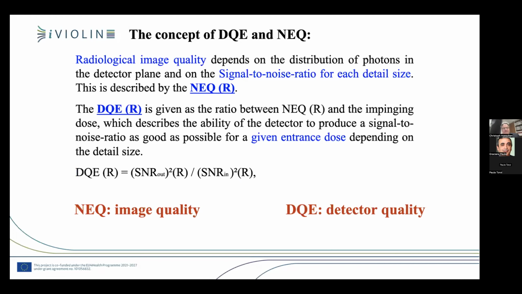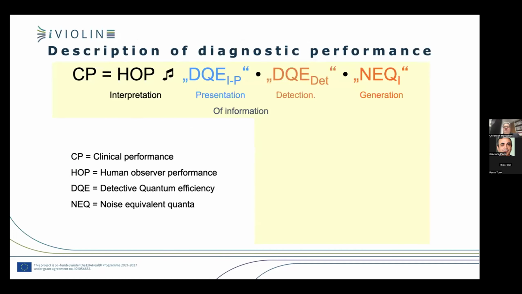To summarize, NEQ describes the image quality, so that is what we would be looking for today, and DQE the detector quality. If we have that, we can try to describe diagnostic performance. So first of all, we generate an image, and therefore we generate a noise equivalent quanta.